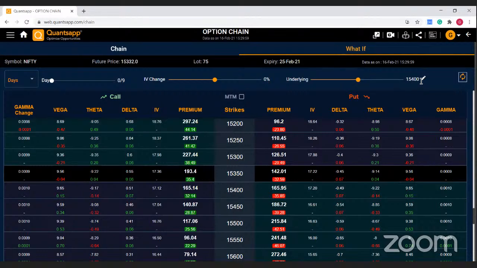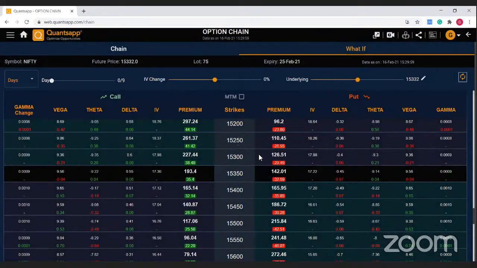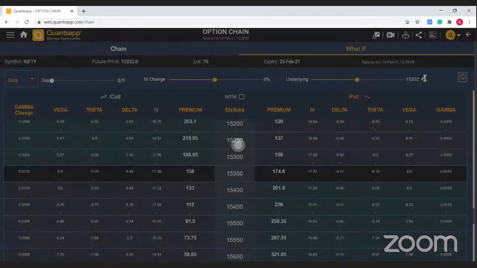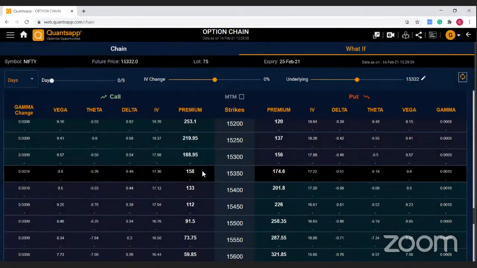So Nifty was at, suppose, 332. So this is what the current Nifty price is. If I say there's a 100-point movement in the Nifty, and I want to know how much my option premium will change if there's a 100-point upward movement.